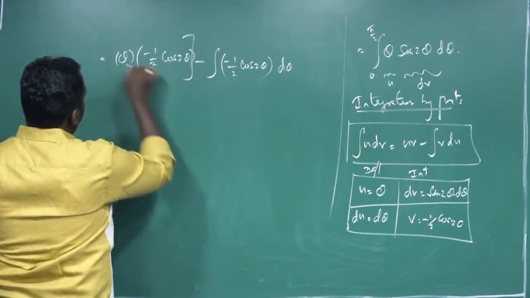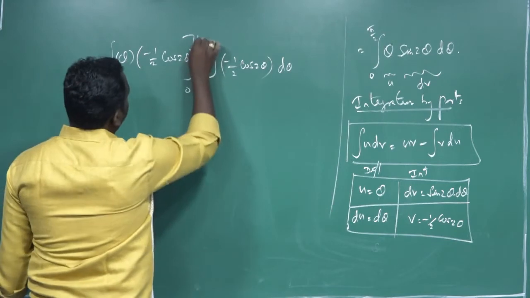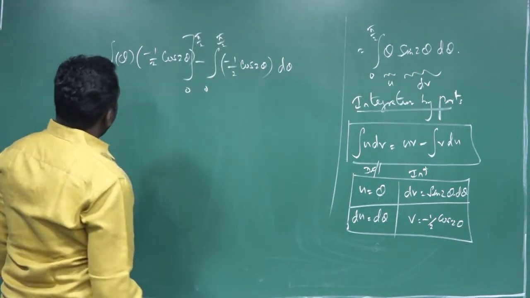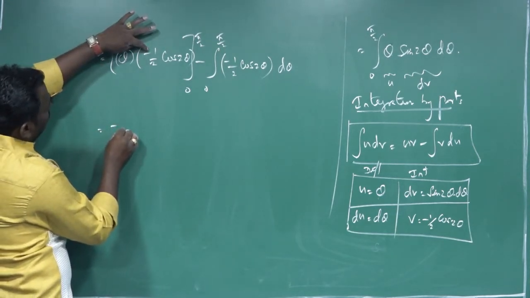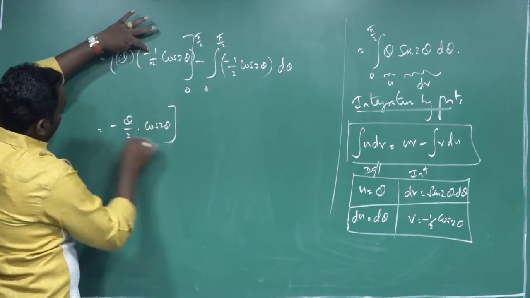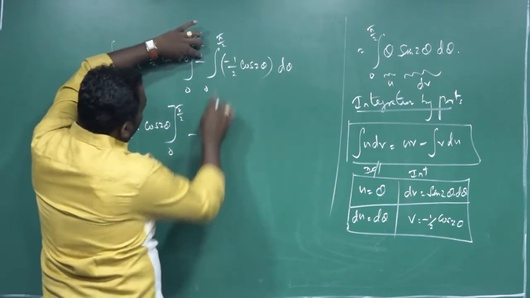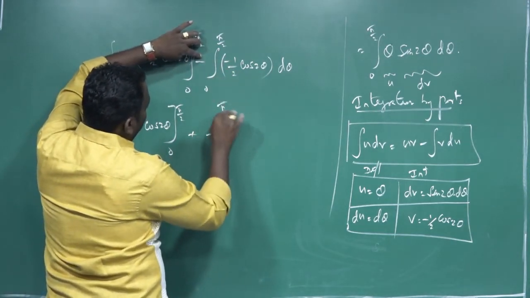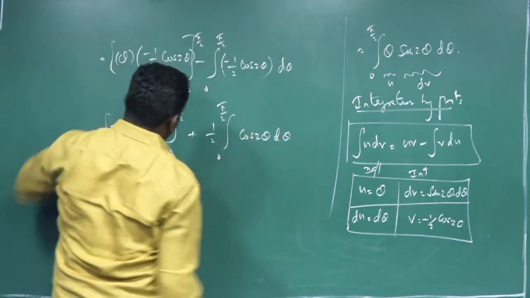Here the limits are given, what? 0 to 90, 0 to pi by 2. Now that is equal to minus theta by 2 into cos 2 theta, the limits are 0 and pi by 2, minus and minus plus 1 by 2 integral 0 to pi by 2 of cos 2 theta d theta.